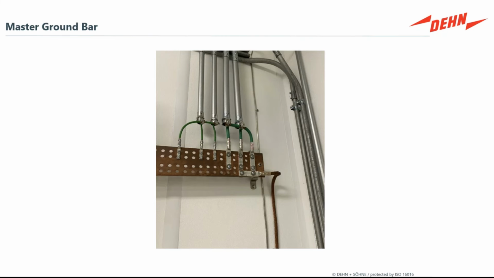So the master ground bar is always a very critical element. I'd like to show a couple of images of what it should look like and can look like. This is one where you see the large gauge conductor leading down into what's probably the riser coming up from the soil.